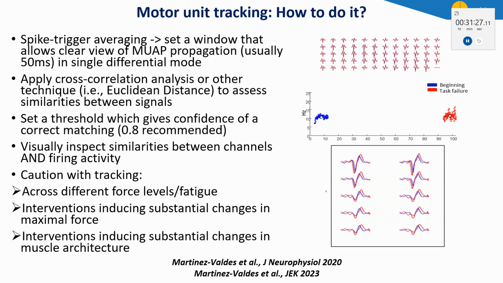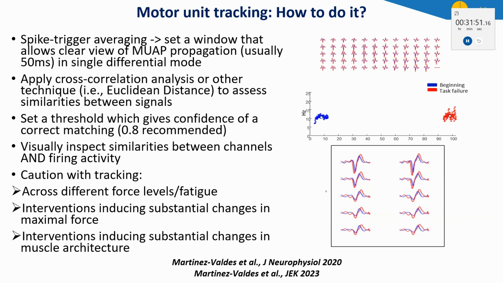And one important thing that I forgot to mention in the first point is that this spike triggered averaging should be done in single differential mode. And why is that? It's not so much because you would like to assess conduction velocities, but because when you apply monopolar signals, you cannot see propagation of those action potentials.